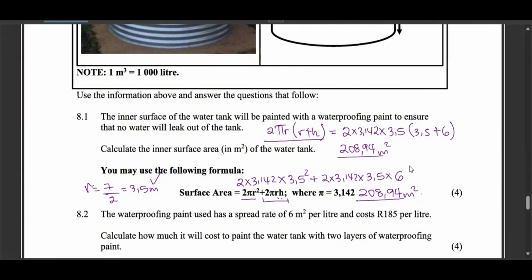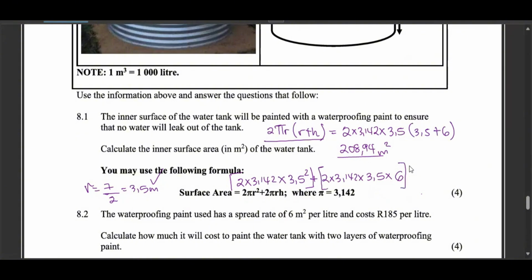The simplification also gets you a mark. What do we mean by simplifying? It's when you get the answer for the first term here, and also the answer for this other side.